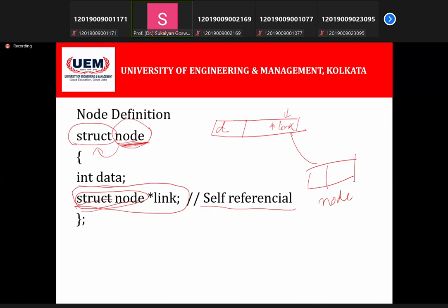Now, what will be the size of the node? See, if I consider that an integer is 4 bytes, so this part is 4. What about this? Think, and while you do the program, check what the size of a node is.